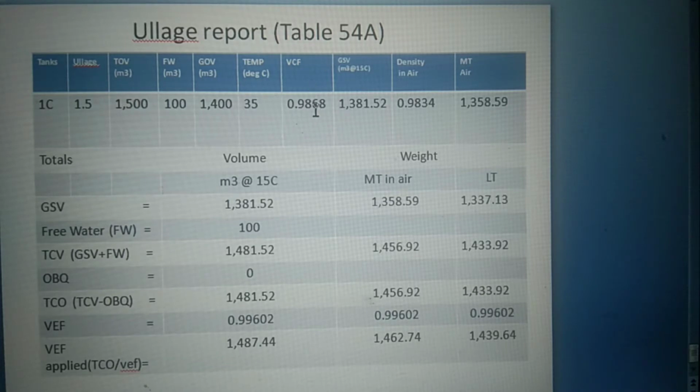VCF is taken from table 54A. You enter the density and temperature into table 54A, then you will get the VCF. Clear, guys?